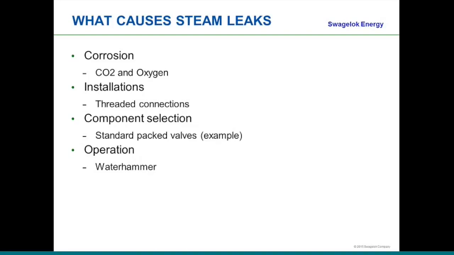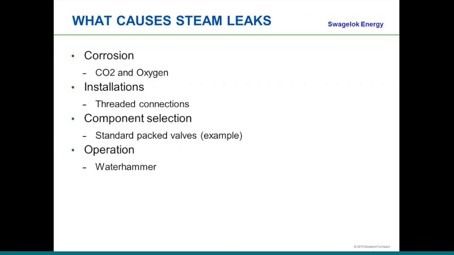Components selection. You know, what are the components we're using? You know, still today, a lot of people are using the same standard packed valves for steam. The last great revolution we had on packed valve was 1941. So the other weak point in valving, besides the thread connections, is the packing.